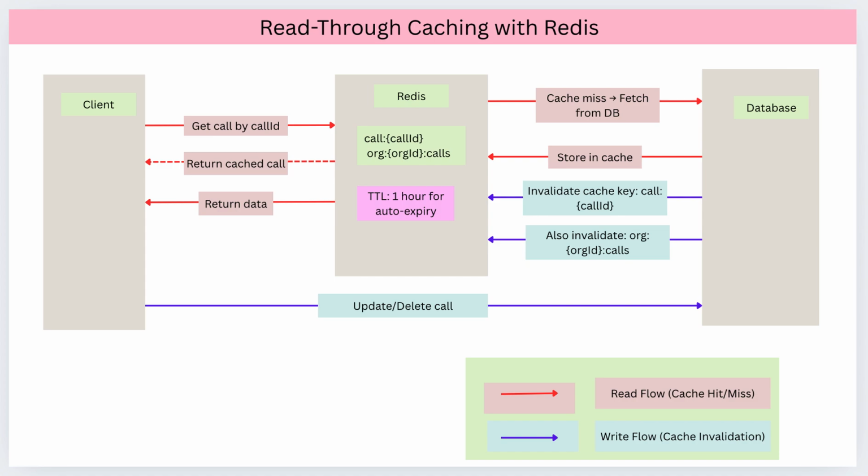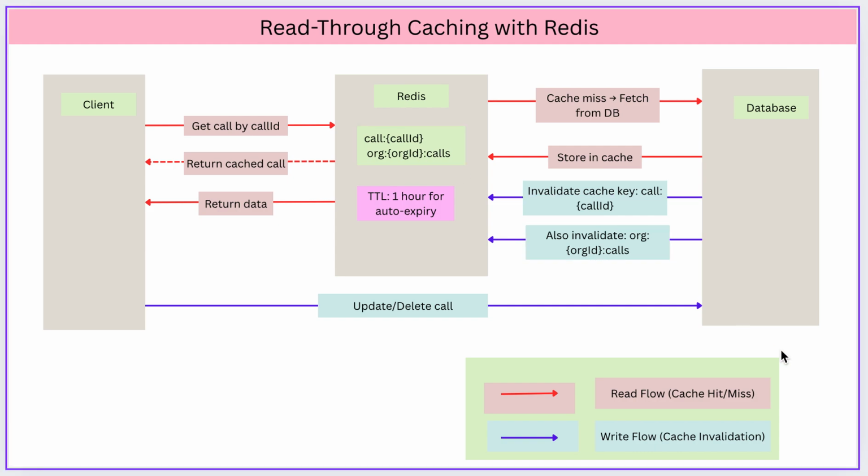For example, call(call ID) within parentheses. If the call was part of a list like all calls for an organization, we also clear that list from the cache. That's org(org ID) within parentheses calls.